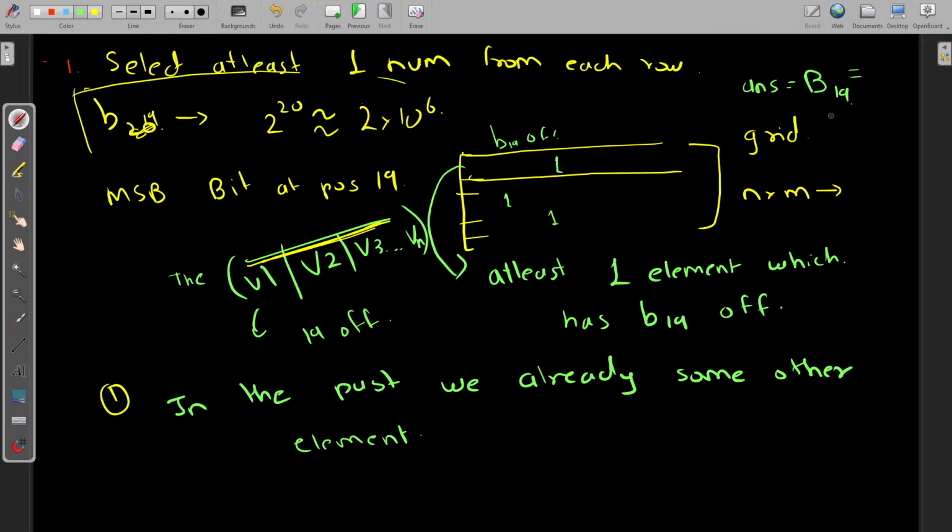What if all the elements had not only bit 19 but also bit 17 and bit 13 off as well? And it wasn't the first element, but some other element, and their bitwise OR had bits 19, 17 and 13 all off, and this method only had the 19th bit off. So we had a better answer ready, but we didn't find it using this method. If you only check for one element, then we were unable to find it.